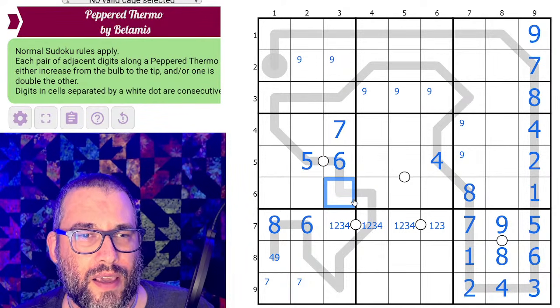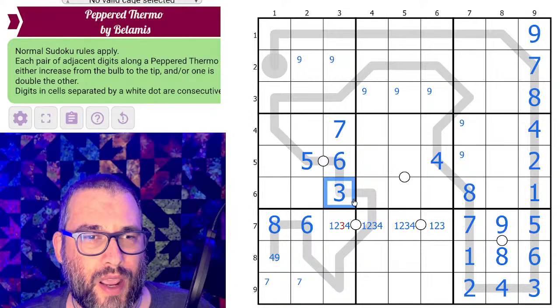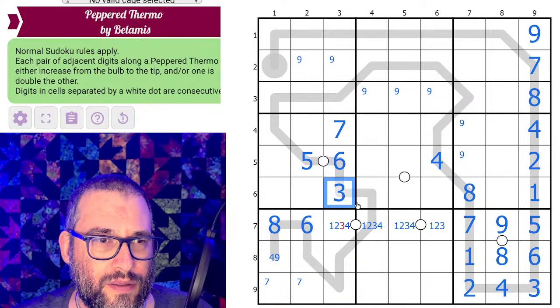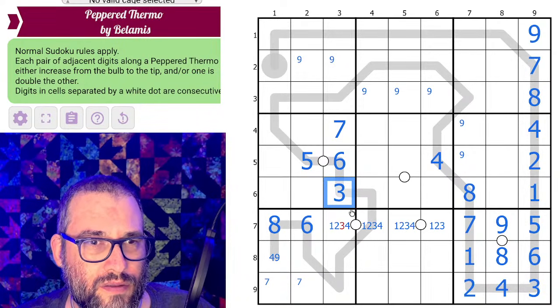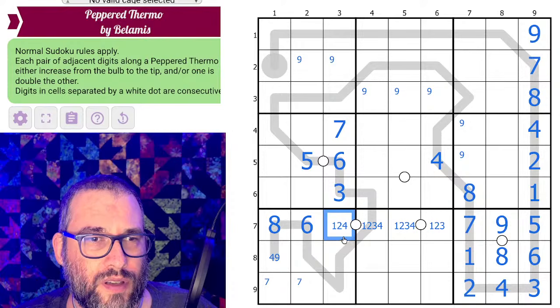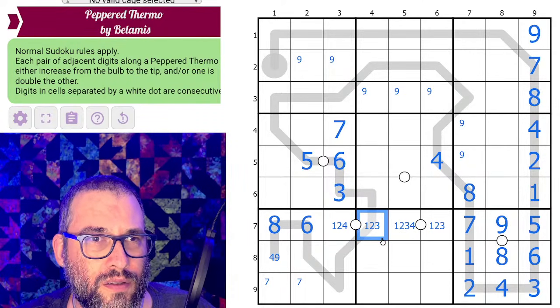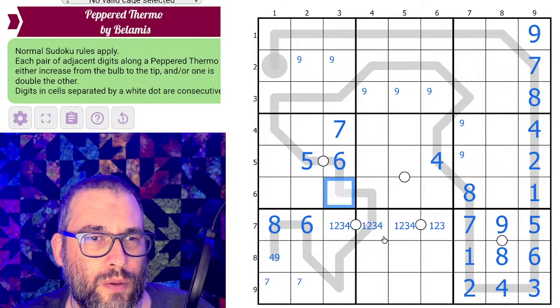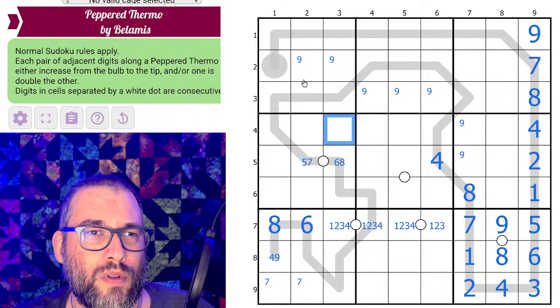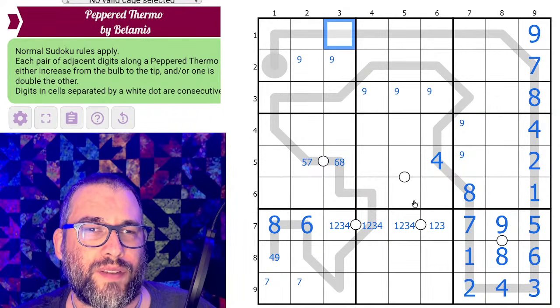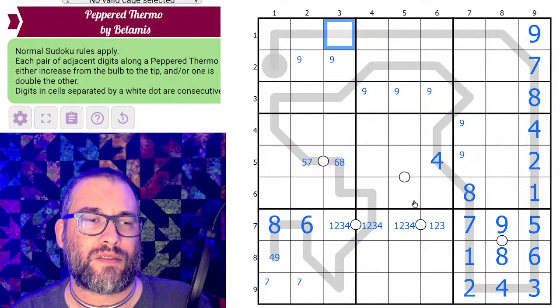Now I think this does have to be a 3. And if this is not a 3, that's not a 4. Oh. Why is that not a 7? We don't know that's not a 7.